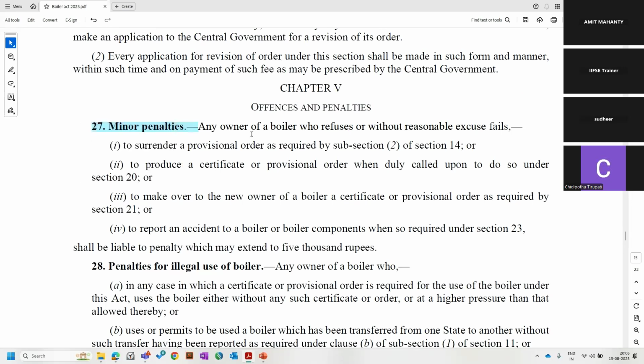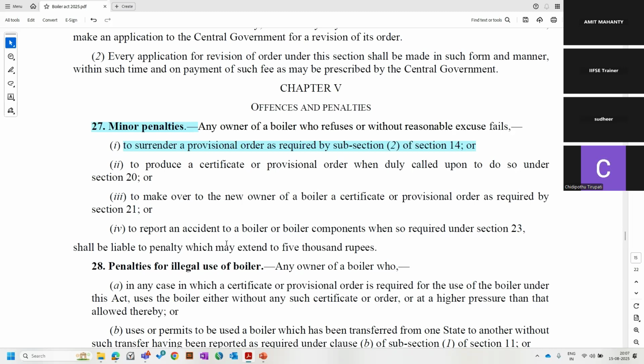Any owner of the boiler who refuses or without a reasonable excuse fails to surrender a provisional order required by subsection 2 of section 14, or fails to produce a certificate or provisional order when duly called upon, or fails to make over to a new owner of the boiler a certificate or provisional order, or fails to report an accident.